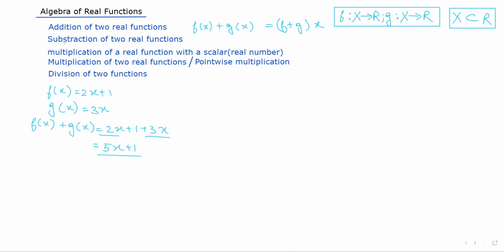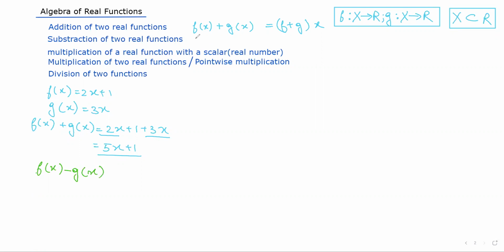Moving on. Subtraction of two real functions. We can consider the same values of f of x and g of x, and we can subtract them as such. So f of x minus g of x.